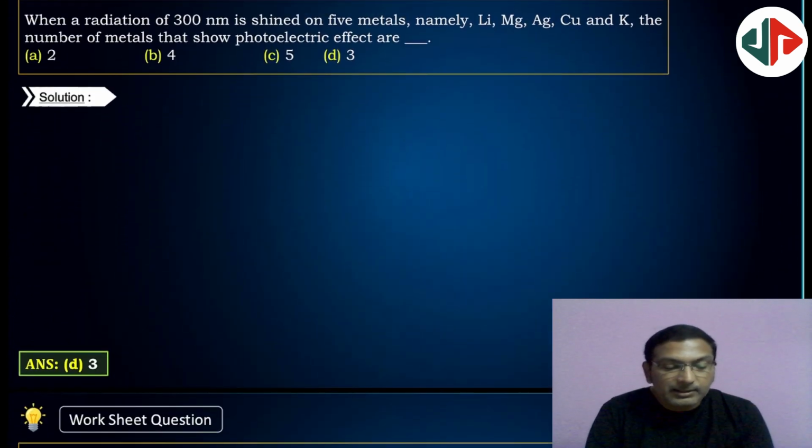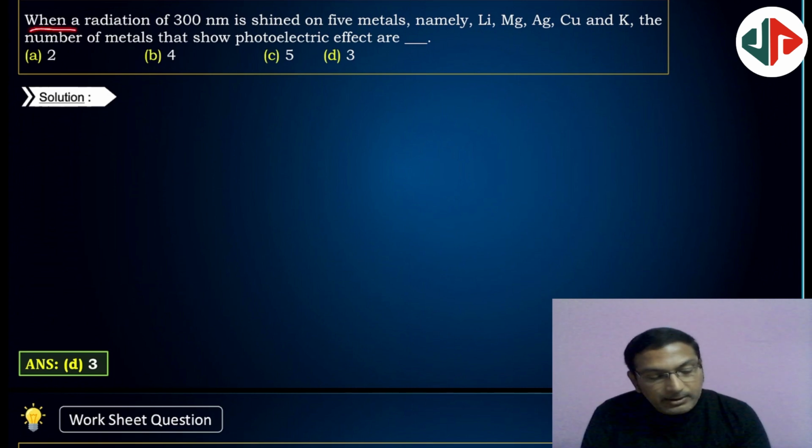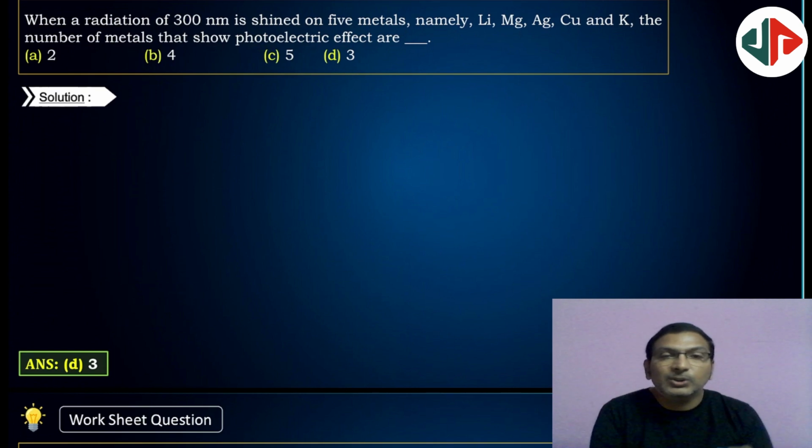When a radiation of 300 nanometers is shined on 5 metals, lithium, magnesium, silver, copper and potassium, the number of metals which can show photoelectric effect are. Which metals can show photoelectric effect?